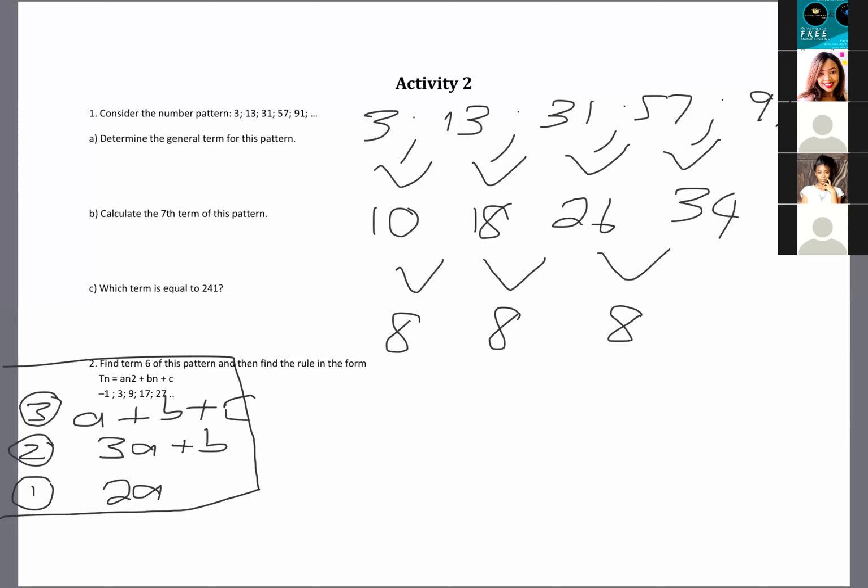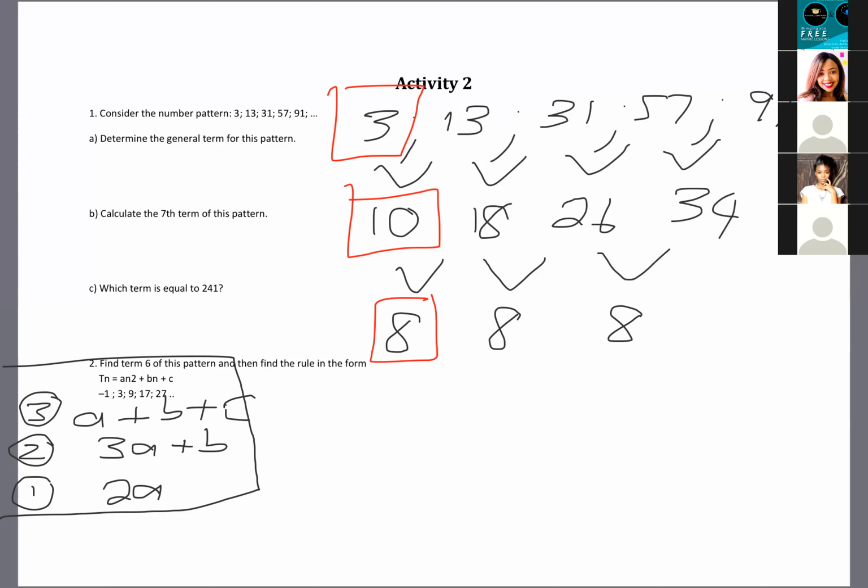Yes. And then I said you look at your first numbers here. So I'm going to focus on the 8, the 10, and the 3. Still with me? Yes, ma'am. And then I equate them.